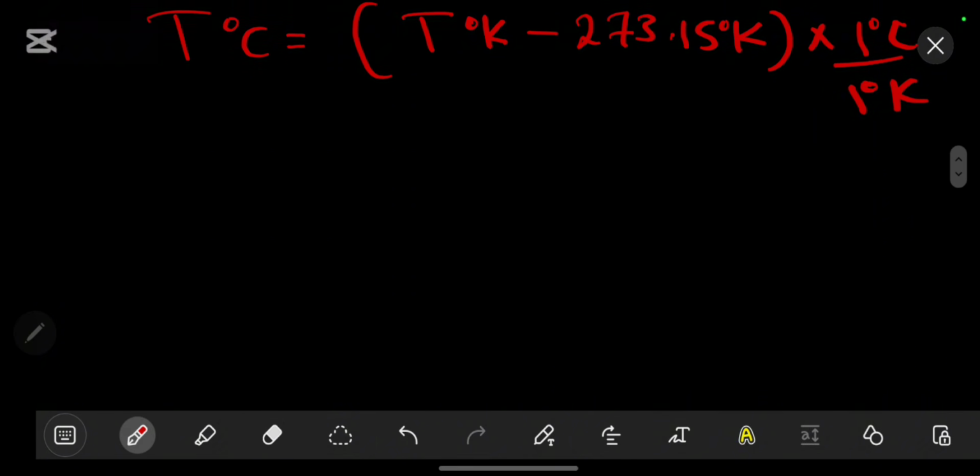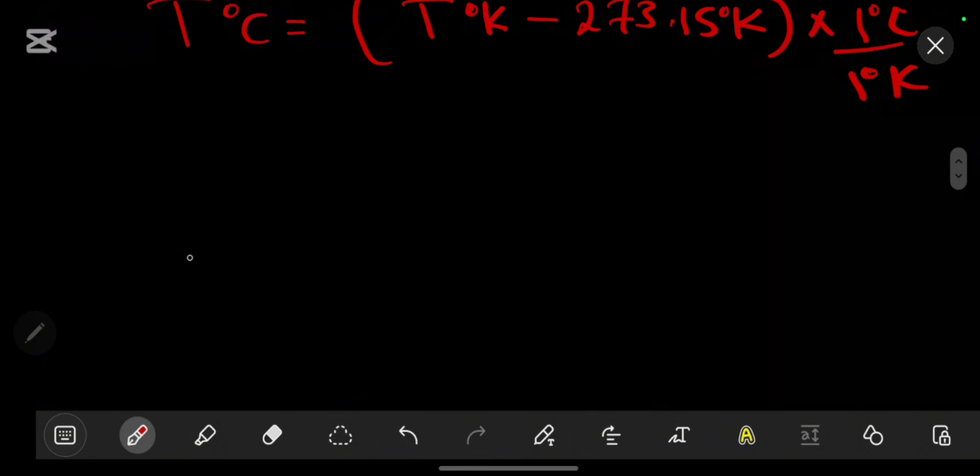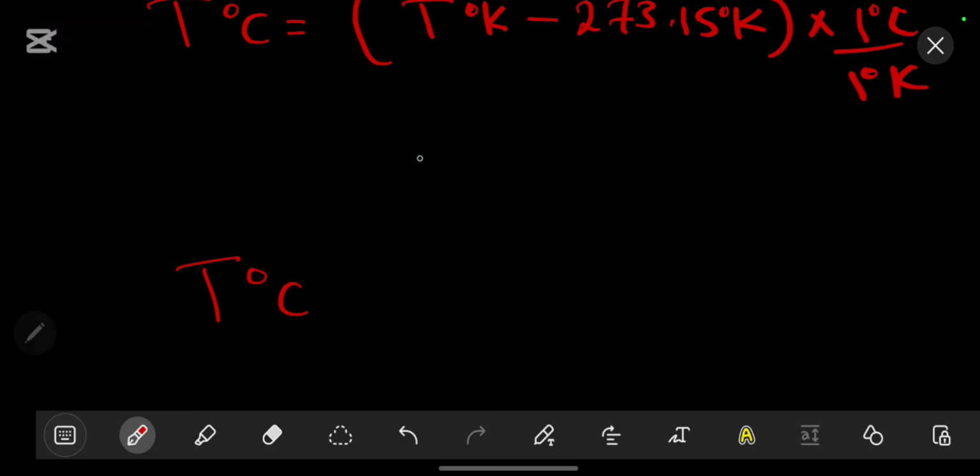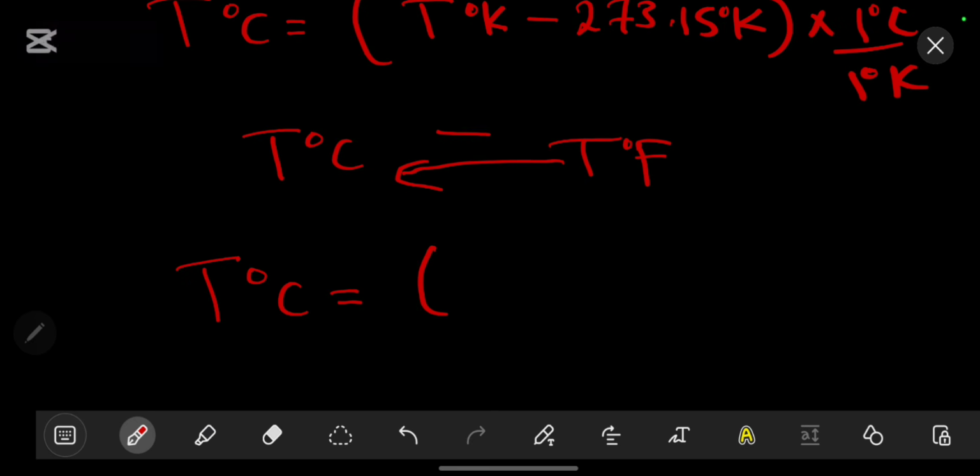Likewise, when you are looking at how you convert the temperature in degrees Celsius, you have the temperature in degrees Celsius and the temperature in Fahrenheit. If you are moving from Fahrenheit to degrees Celsius, F is above C, so you will subtract. So the temperature in degrees Celsius from Fahrenheit will be equal to the temperature in degrees Fahrenheit, then you subtract 32 degrees Fahrenheit.